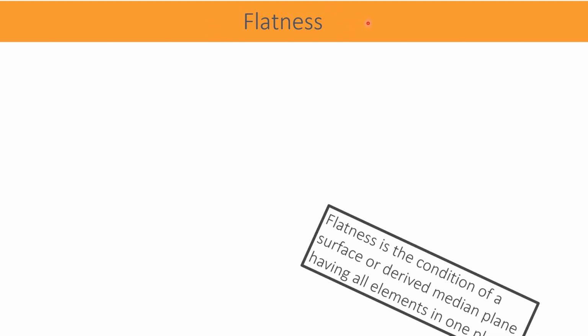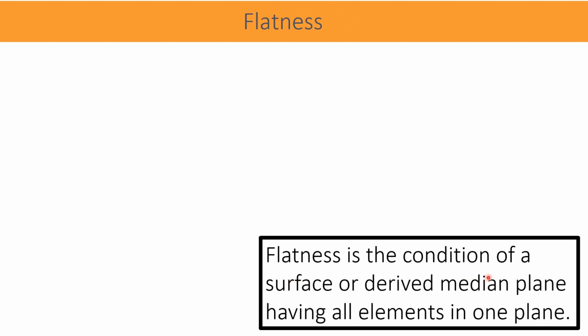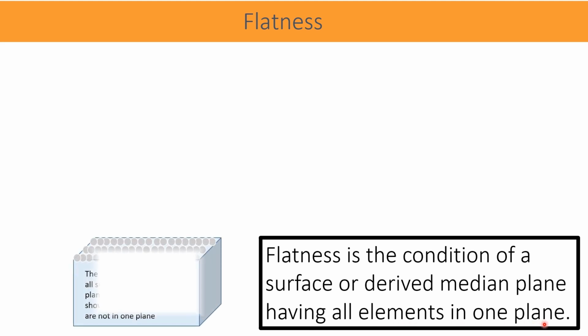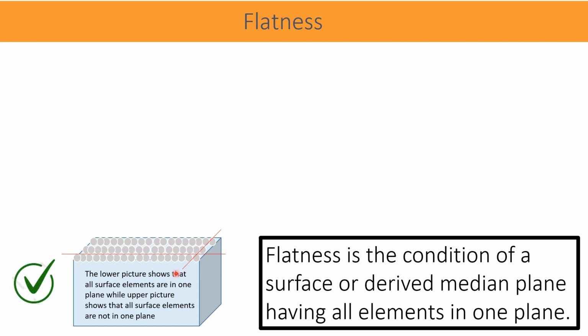Let us quickly recap the flatness control. Flatness is defined as the condition of a surface or derived median plane having all elements in one plane. This figure shows that all the points or elements are in one plane, and therefore the flatness is perfect without any error.